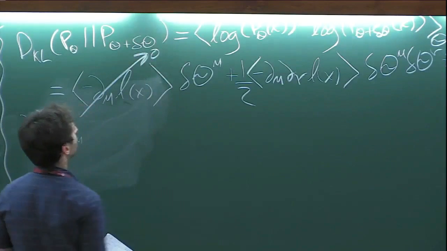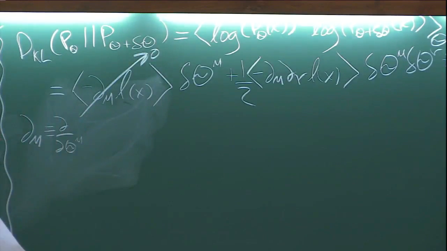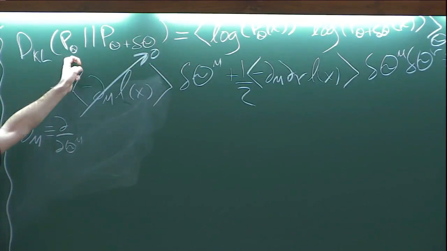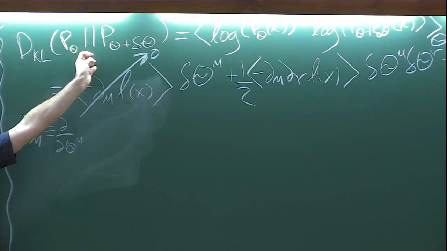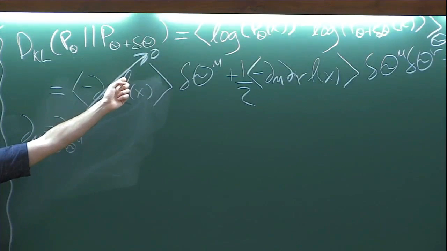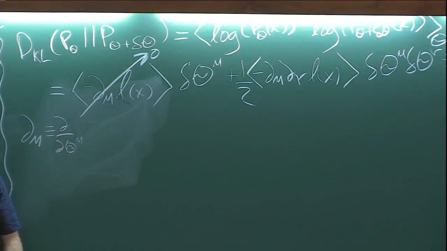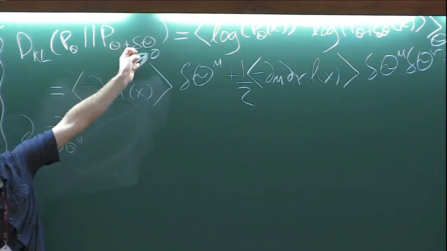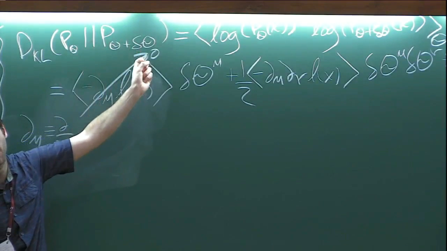This is 0, and so we talked a little bit about properties of the KL divergence, but can anyone say in words why this kind of has to be 0? Why it would be very troubling if it weren't? Yeah, so we talked about how the KL divergence between any two models, close by or not, has to be positive.